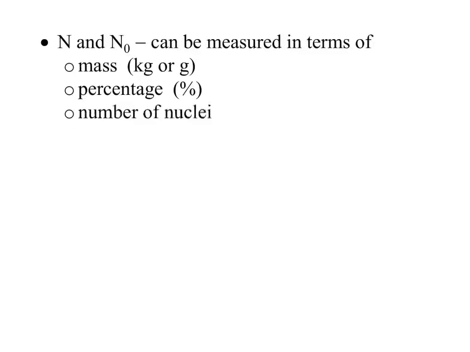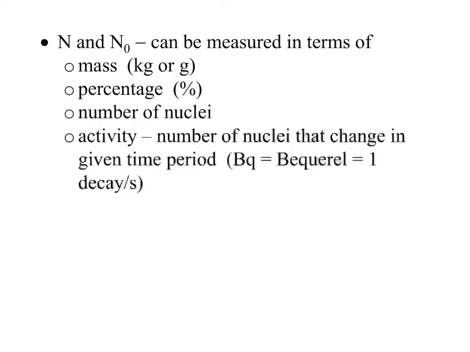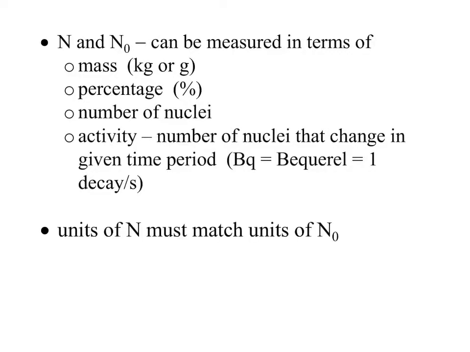You can use something called the number of nuclei that is present, or we can do something called the activity, which is measured in something called becquerels, which is how many decays per second. So that is just the number of nuclei that change in a given time period. So I know that's new for you, but again, you don't need to know much about it other than if N and N naught are both in becquerels, you are good, okay?